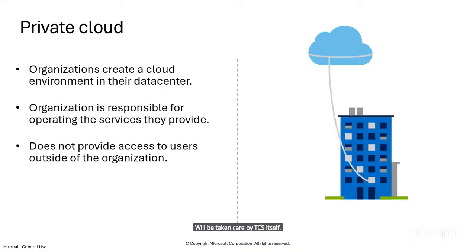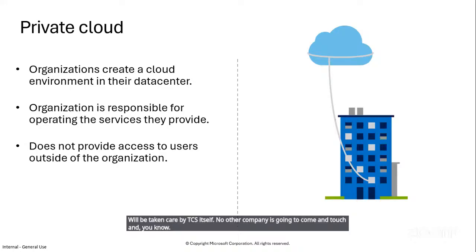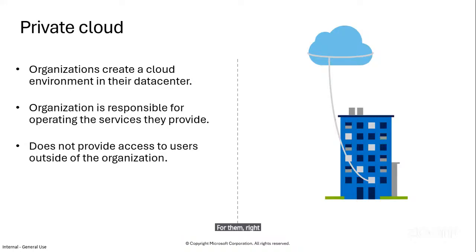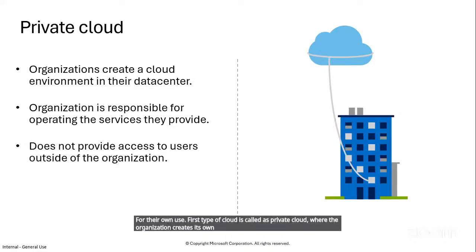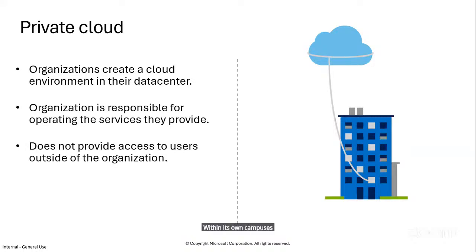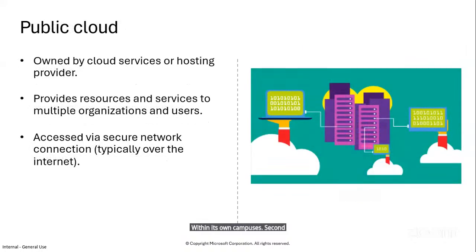No other company is going to come and touch and manage this data center for them, right? So these are data centers created by the organization for their own use. First type of cloud is called a private cloud, where the organization creates its own data centers within its own campuses.